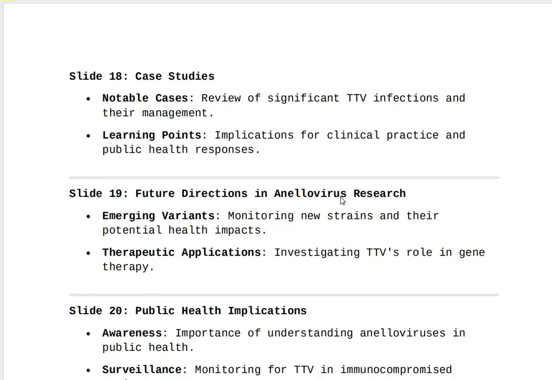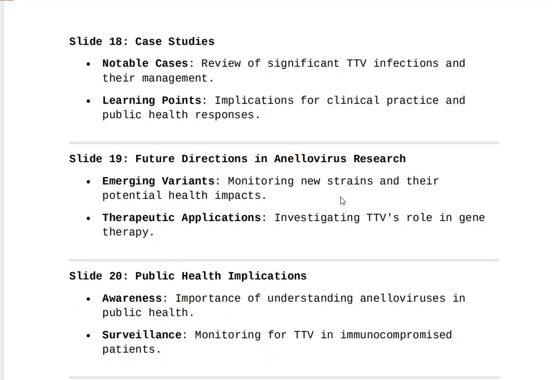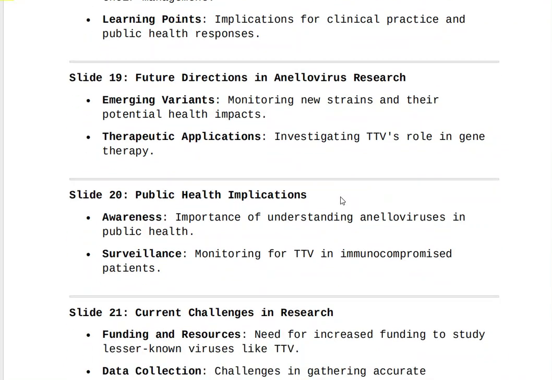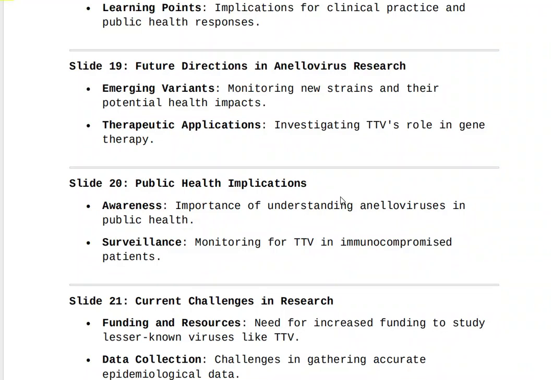Case studies: maybe a group of scientists may review significant TTV infections and their management, and learn the implications for clinical practice and public health responses. There are new variants of this virus, so they may also be monitored for the possibility of more pathogenic strains.